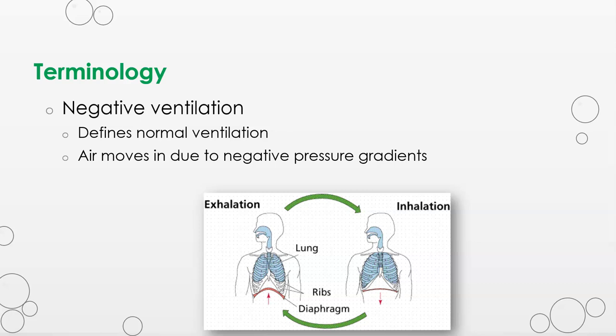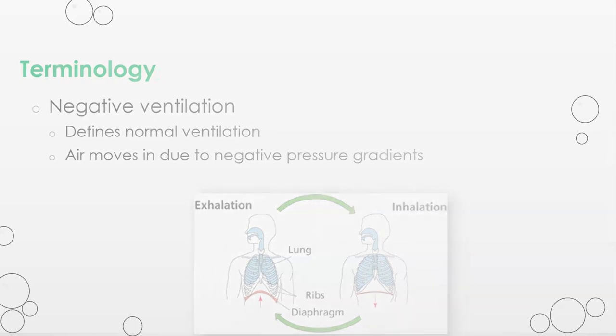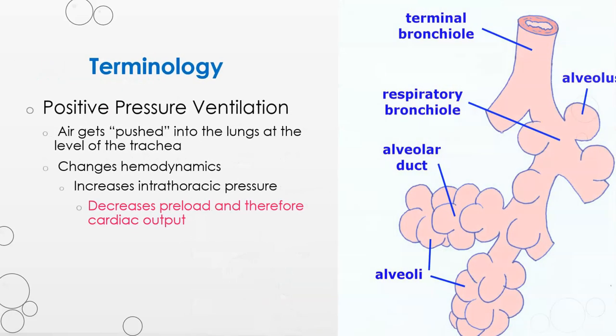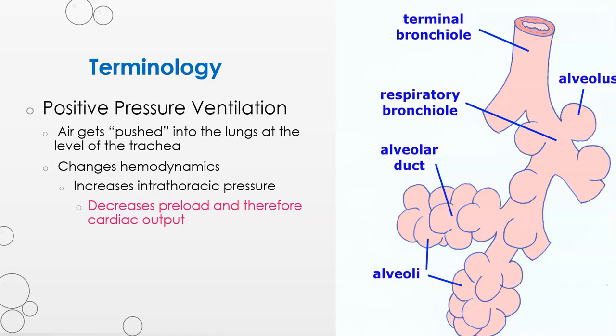Normal breathing is based upon negative ventilation, and air and gases are moving along a concentration gradient, moving from an area of higher to lower concentrations. Therefore, when assisting patients who have ventilation issues, positive pressure ventilation may be used, often going against the concentration gradient.